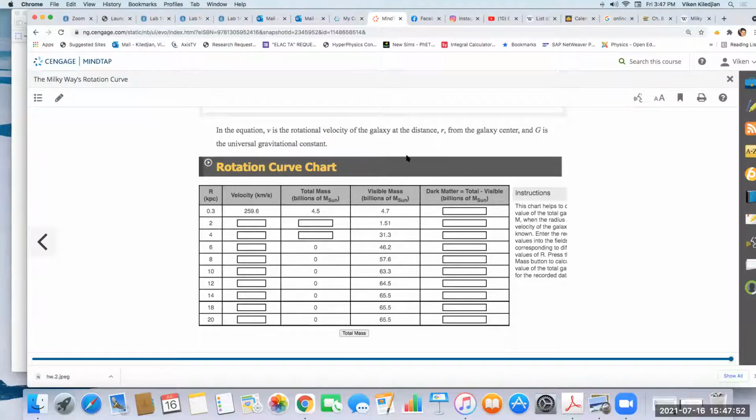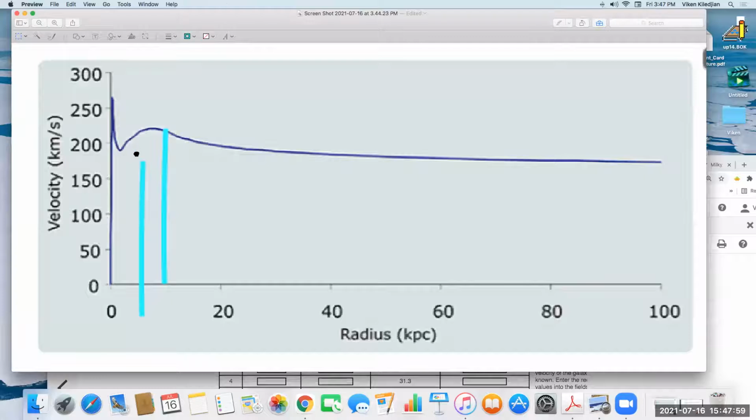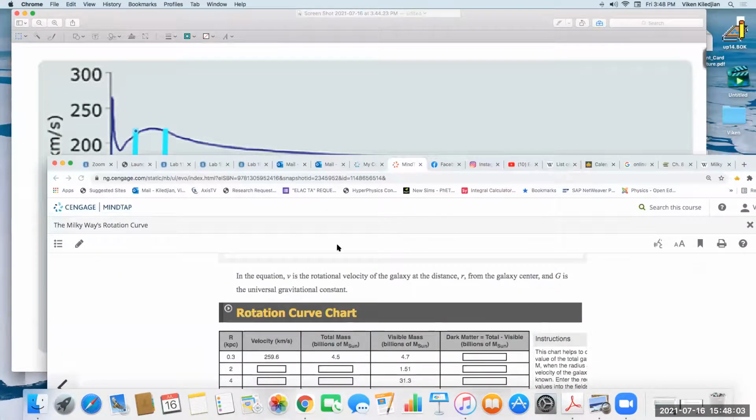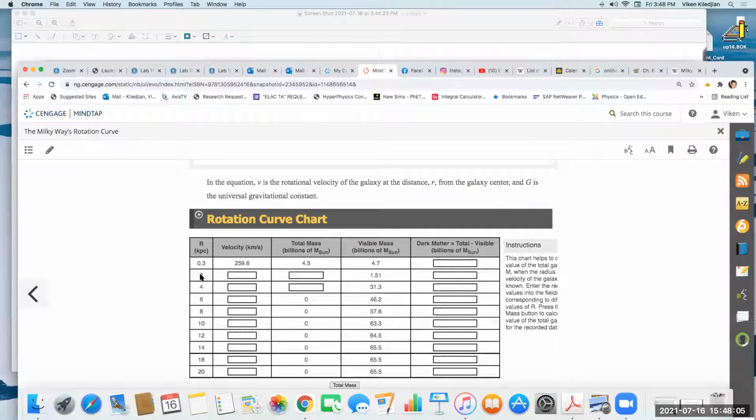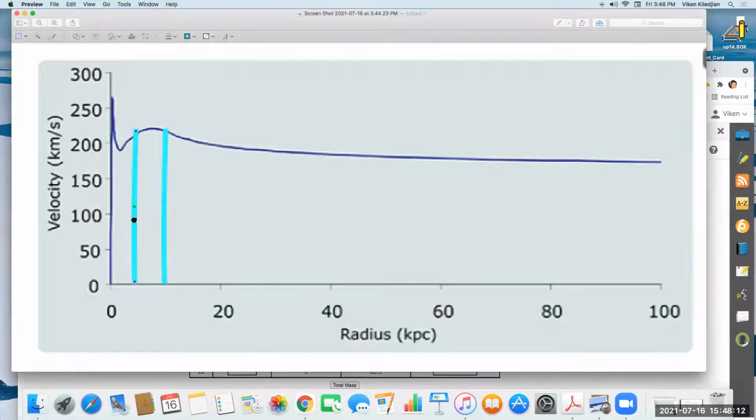So then you would say, okay, where would 2 kiloparsecs be? So if this is 10, 2 kiloparsecs would be somewhere here probably. Yeah, 2 would be right about here.